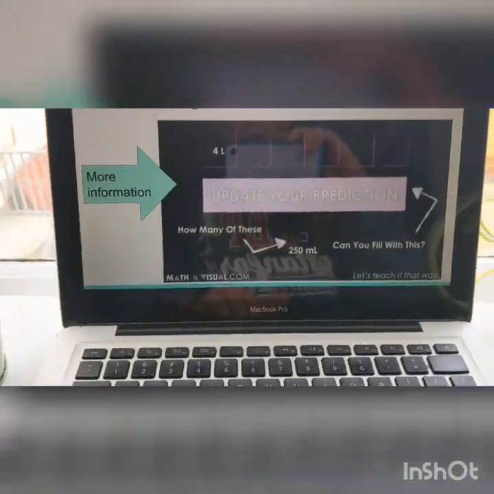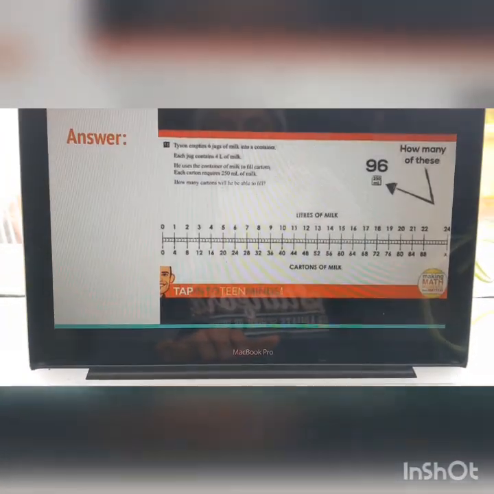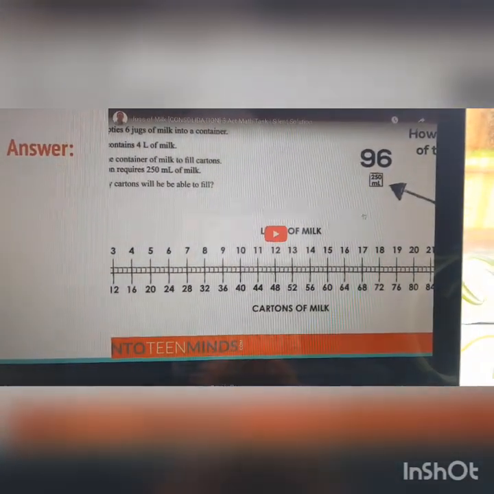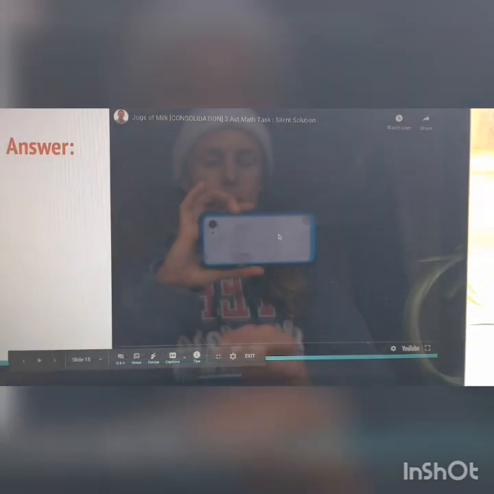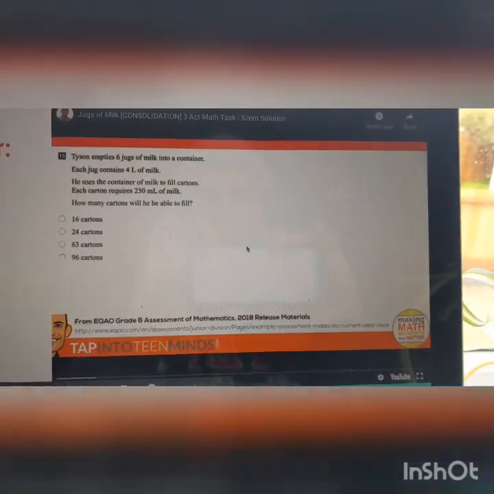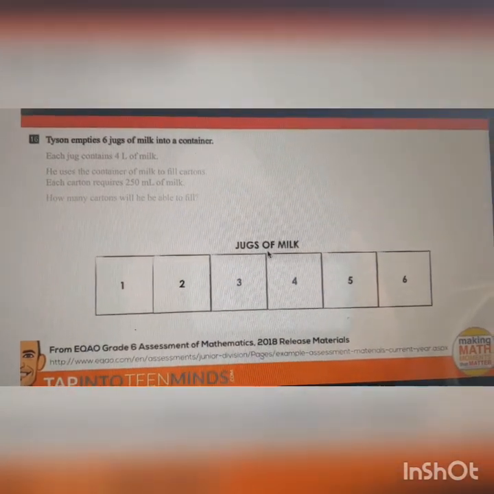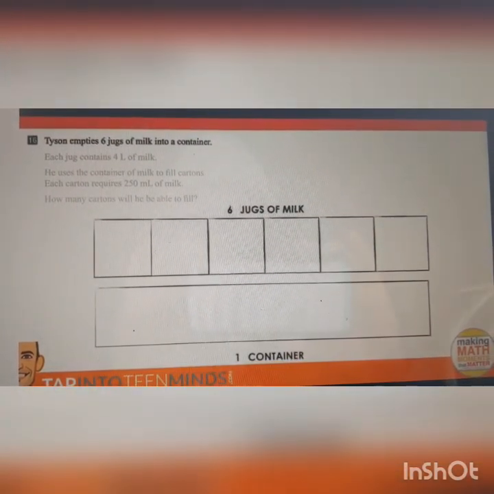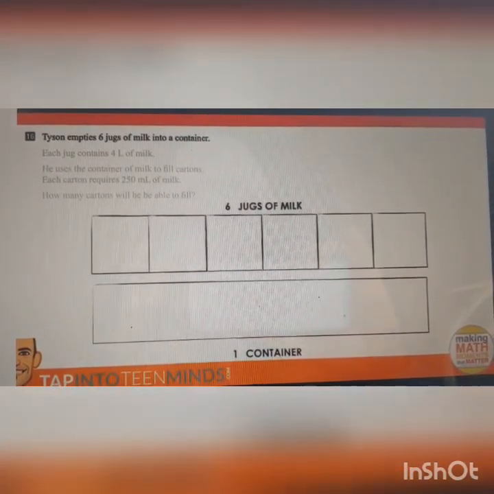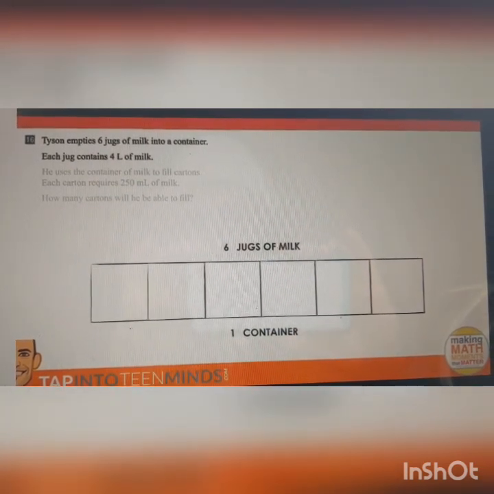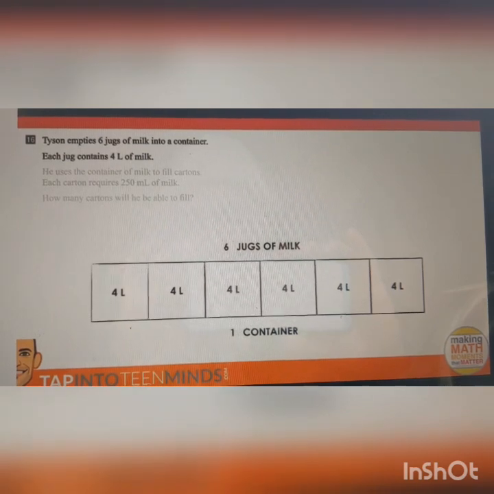There's a cool animation that I can show you that links a bunch of different ways of showing your work together. So we're starting off with the original story problem. And once again, we're recognizing that there's 6 jugs of milk. That's the first information that we have. Those are all getting poured into one container. Each jug contains 4 liters of milk.